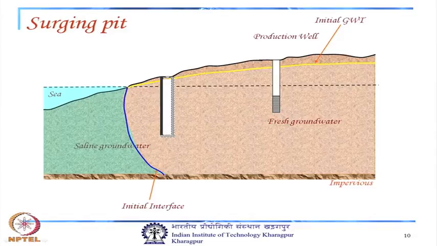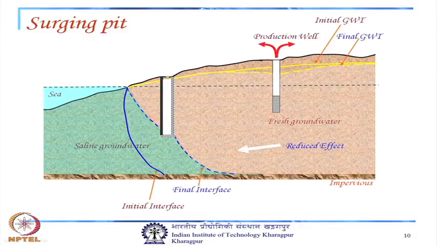So, with high velocity, if we pass the water, then the saline water intrusion effect can be reduced. This is the production well and there will be reduced effect. So, this is basically one kind of recharge effect and impermeable boundary effect.